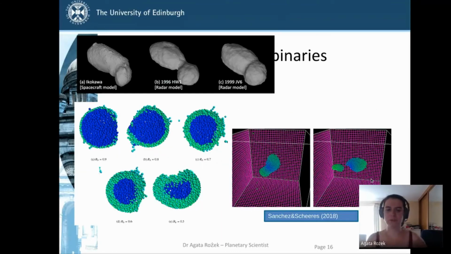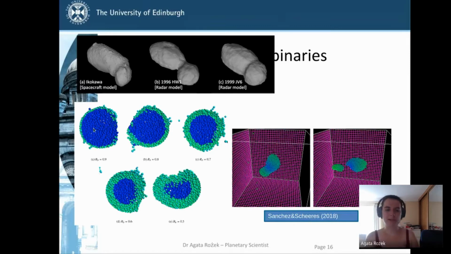Another way to form those elongated contact binary shapes is just by spinning them up. So on the left here, there are 5 different simulations of asteroids that have a weaker core and a strongly bound mantle. And as the asteroid gets spun up, there appears to form a hole in the mantle that leads later to the formation of the object.